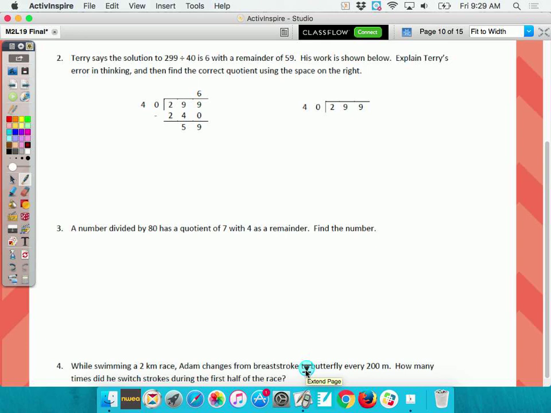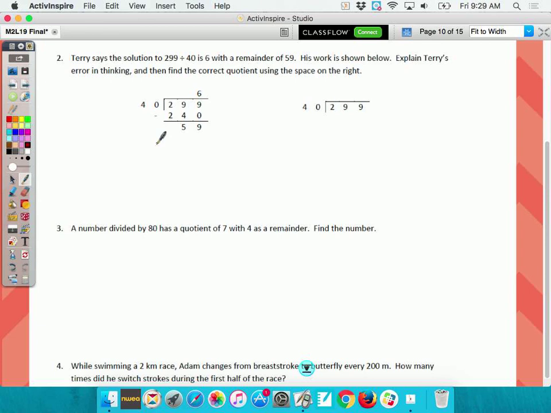All right, Terry says the solution to 299 divided by 40 is 6 with the remainder of 59. And you can see his work right here. Explain Terry's error in thinking and then find the correct quotient using the space to the right.